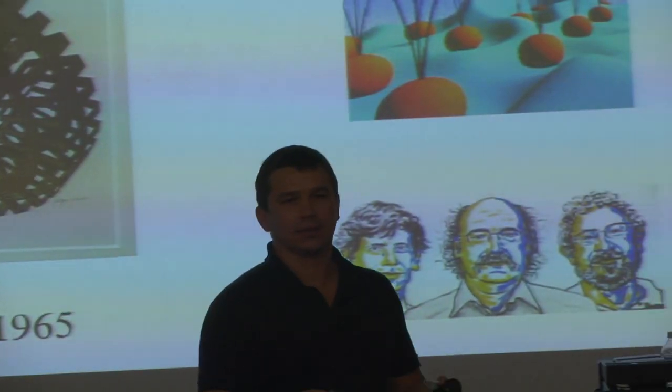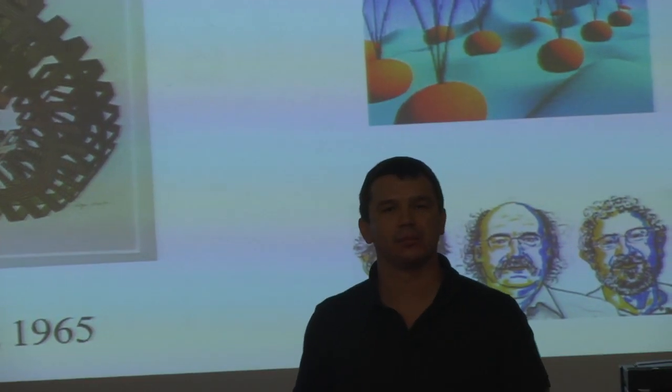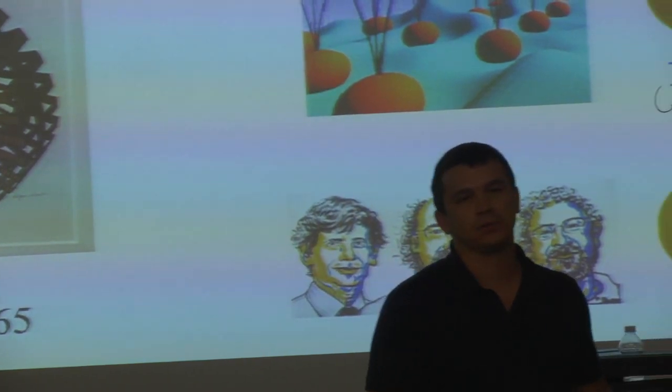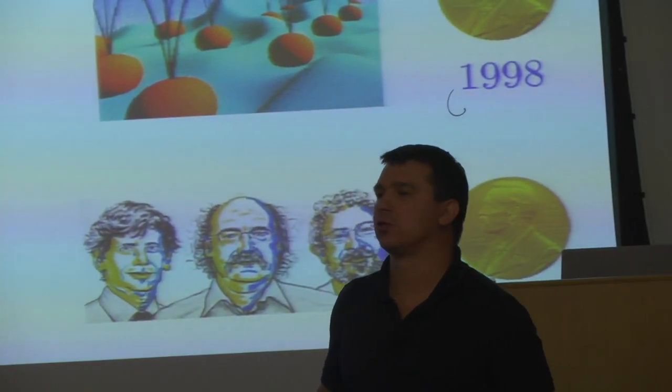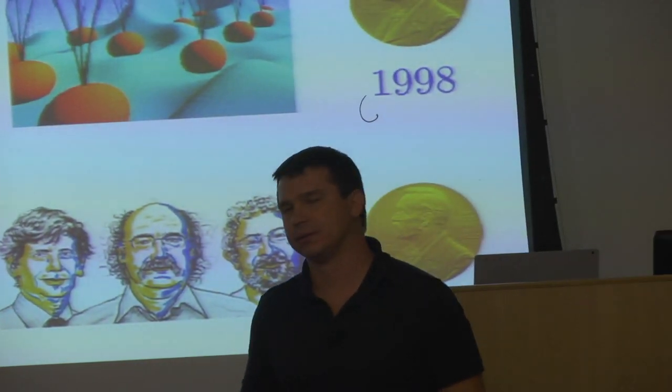And it's independent of disorder, independent of the shape of the sample, independent of many microscopic details. And then people realized that the reason it is so precisely quantized has to do with this topological invariant.